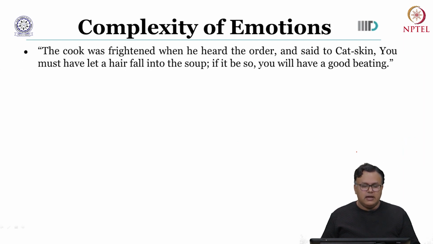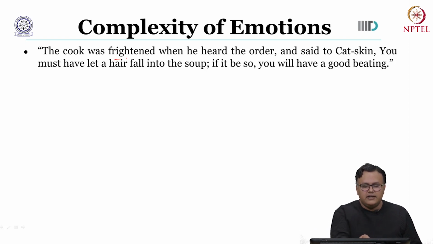Now, in the same direction, let's look at some examples. These examples will convey to us how complex emotions can be when we are analyzing the emotion conveyed by a user in the text modality. So let me read a statement, friends.